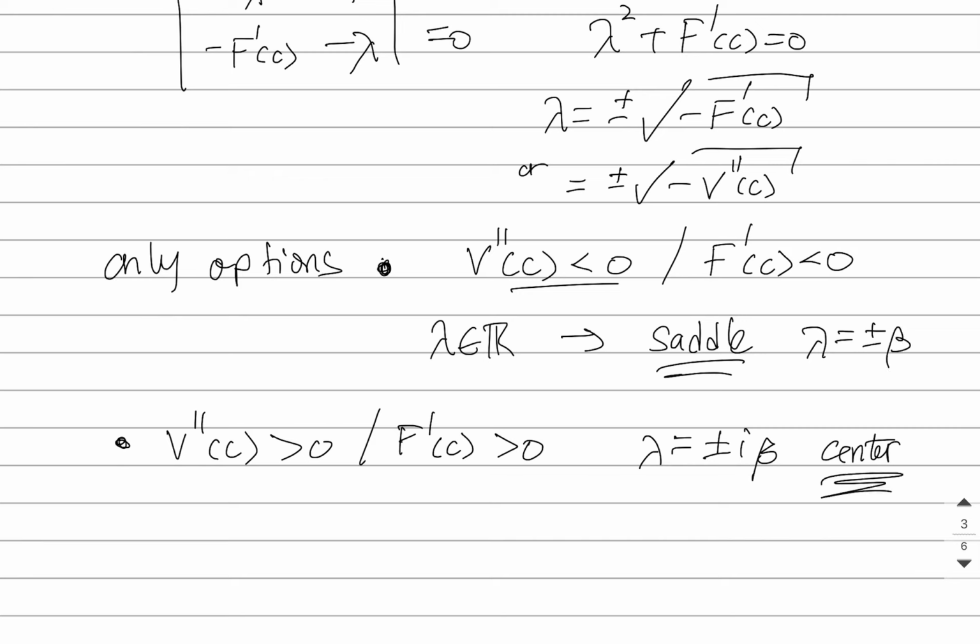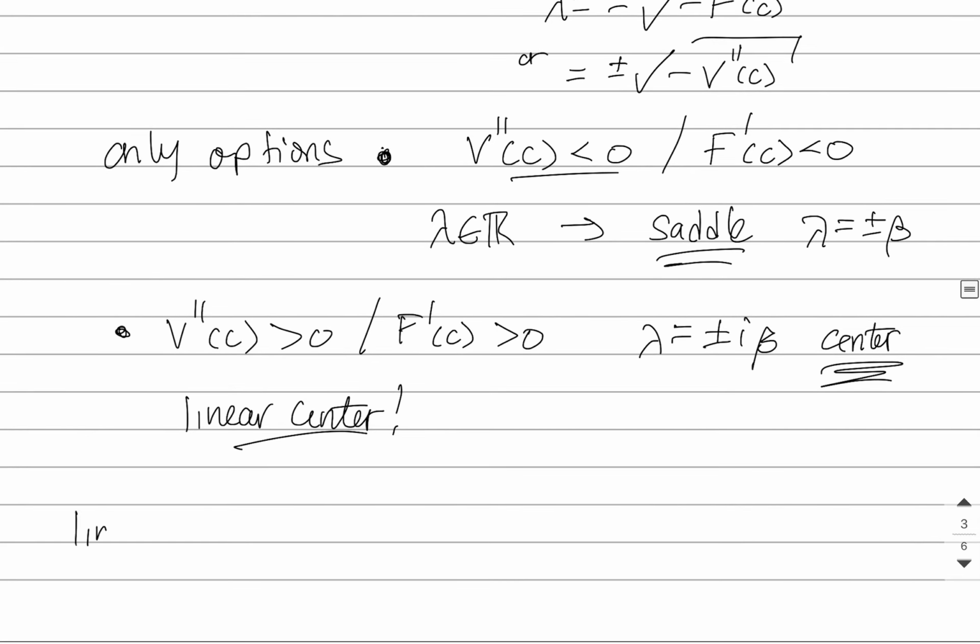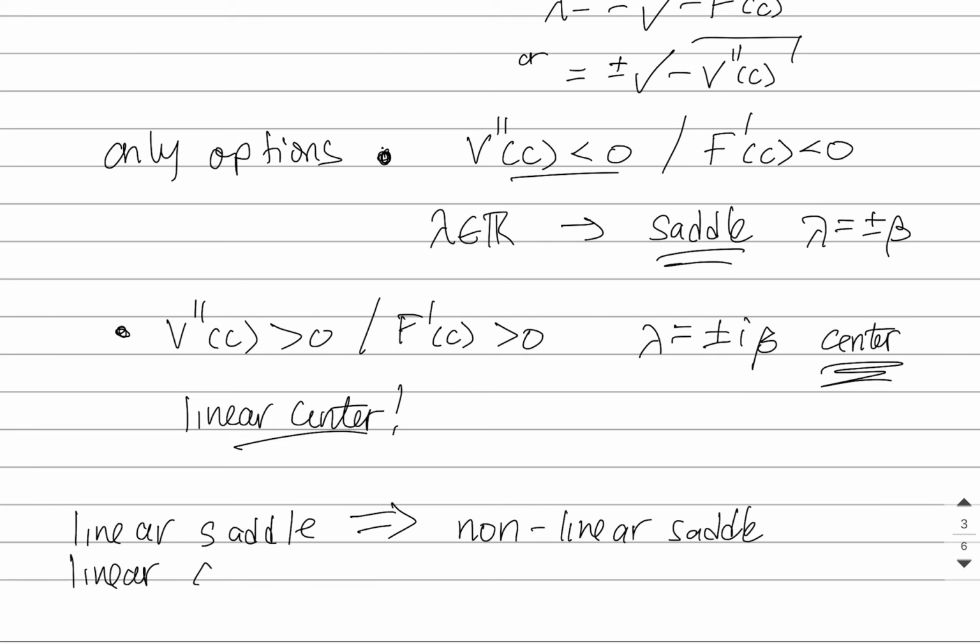And that's going to give us a linear center. Now remember, when you've got a linear saddle, it implies you always have a saddle. So you will get a nonlinear saddle. But when you have a linear center, you have to be really careful because it may not be a nonlinear center.